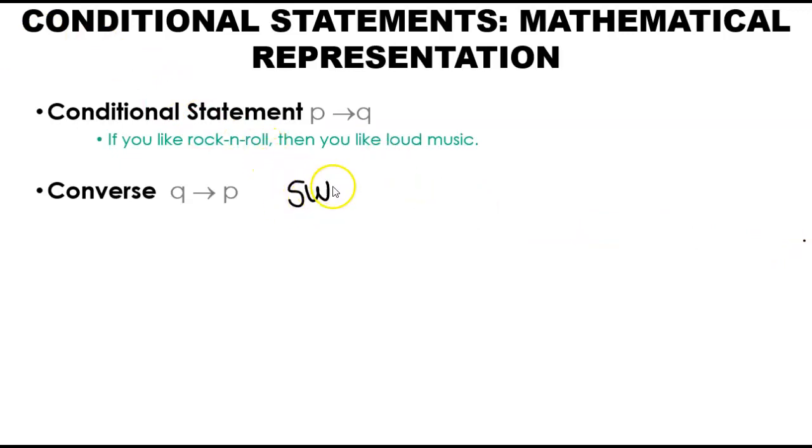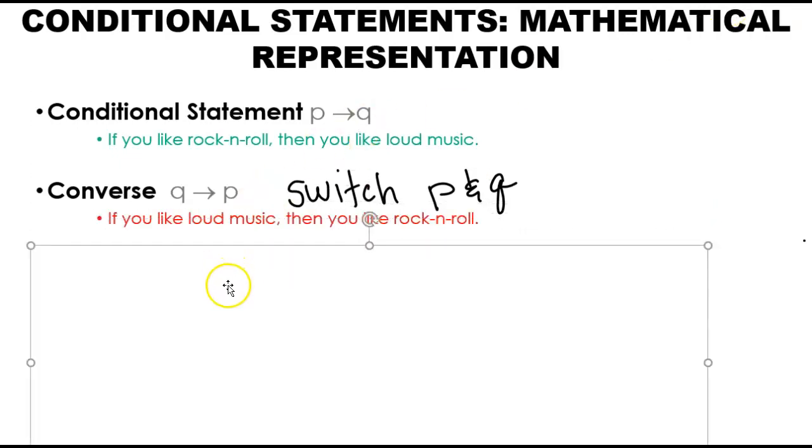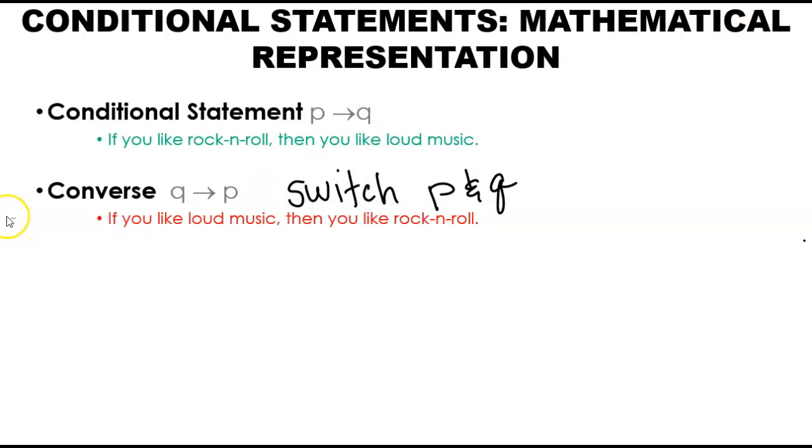So converse means to switch P and Q. Okay? So before, our conditional statement was, if you like rock and roll, then you like loud music. So we're going to switch them up, and it says, if you like loud music, then you like rock and roll. Okay? We just switched our hypothesis and the conclusion.